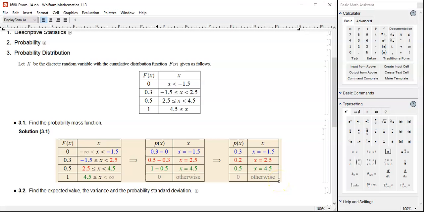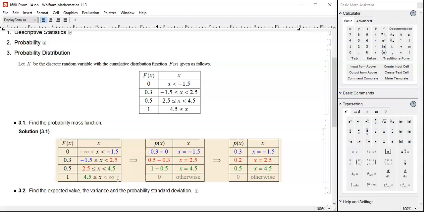Now, if I give you the mass function, can you get the cumulative distribution function? Well, I could have written the problem like that as well, so think about how to do this. How to get from here to there. Well, -1.5, 2.5, 4.5, those are 3 breaking points. So less than -1.5, between -1.5 and 2.5, between 2.5 and 4.5, and greater than 4.5. So we have those 4 intervals.